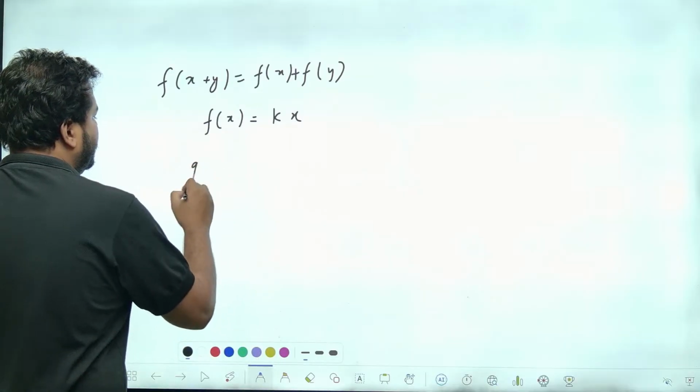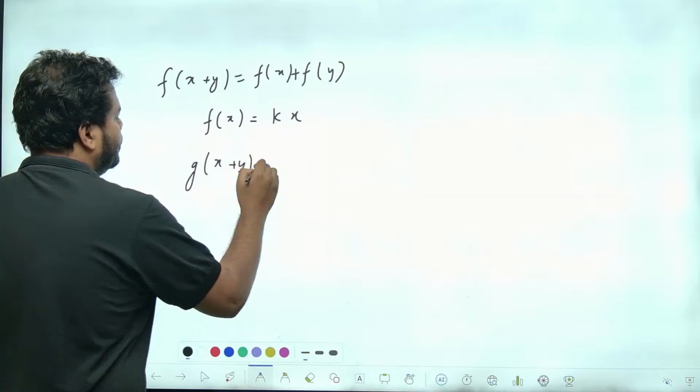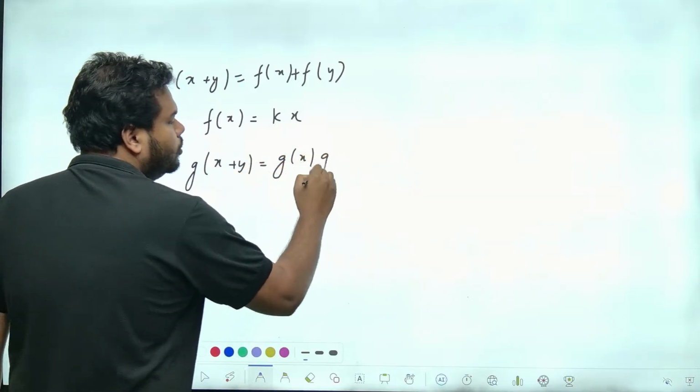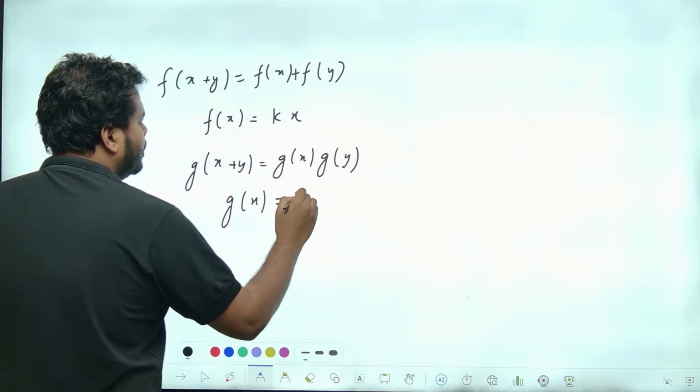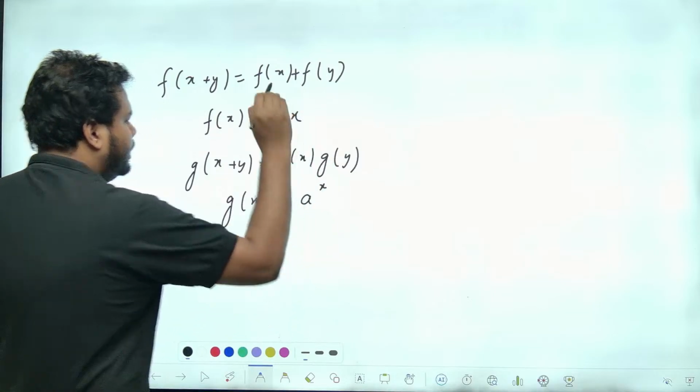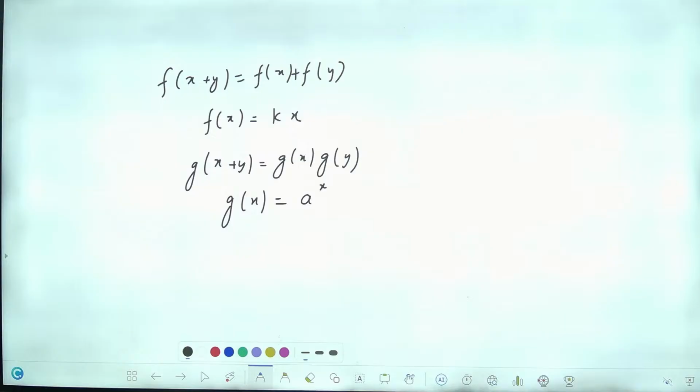If gx plus y is equal to gx into gy, so gx is equal to a to the power x.